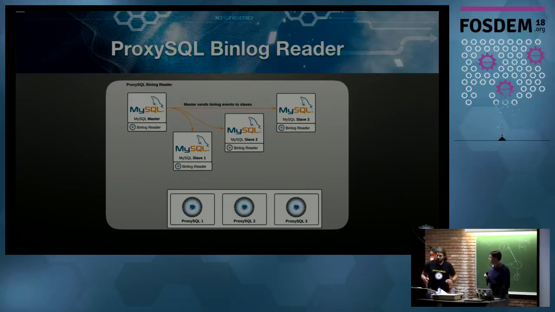So basically what happens is that it takes the status of all the GTIDs executed on the server, and as soon as a client, in this case ProxySQL, connects to this process, it will send the full GTID set, and from that moment on will send the first GTID executed with the server UID and the transaction ID, and then from that moment on it will only send the transaction ID until the moment a new UID is generated.